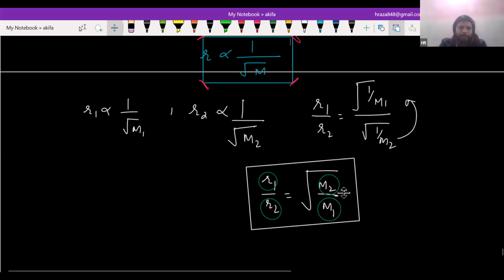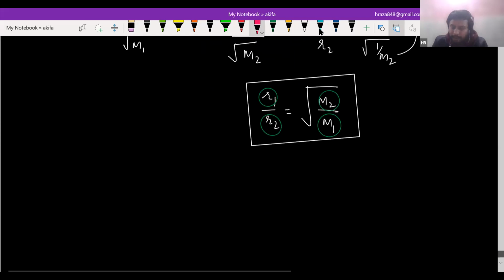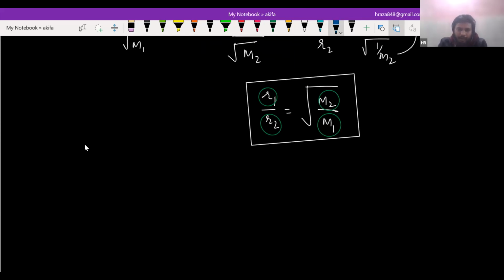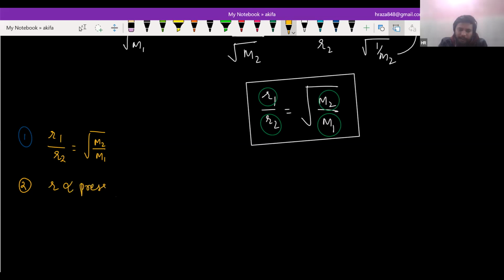Now you will see different forms of Graham's law. As you know, this is the first form of Graham's law, that is R1 upon R2 will be equal to under root of M2 upon M1. Another form is in terms of pressure. If we increase the pressure, will diffusion be faster or slower? Faster. That means rate of diffusion will be directly proportional to pressure, right?